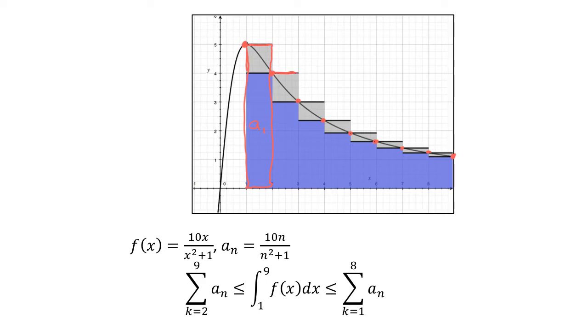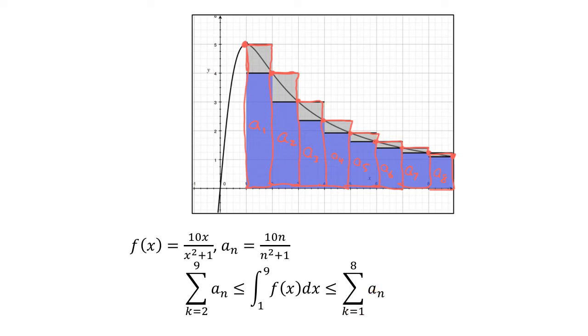Very similarly, the next rectangle would have area a sub 2. If we continue this, the portion of the graph that's depicted has a sum of the rectangles' areas of a1, a2, a3 up to a sub 8, which is reflected by the sum over here.